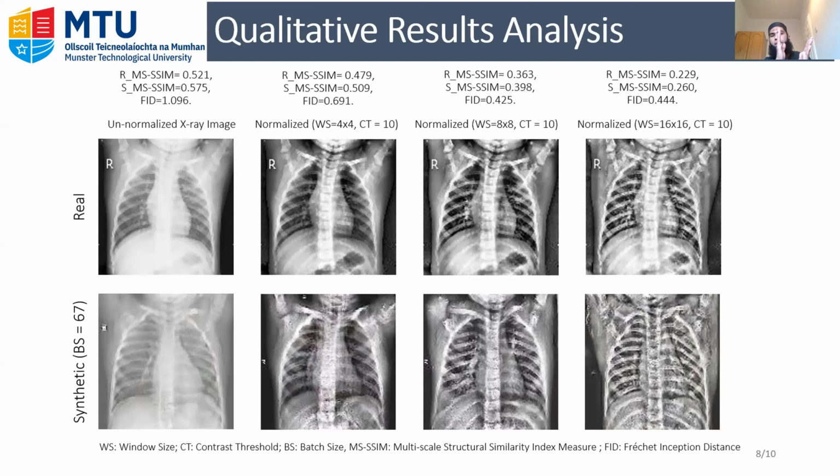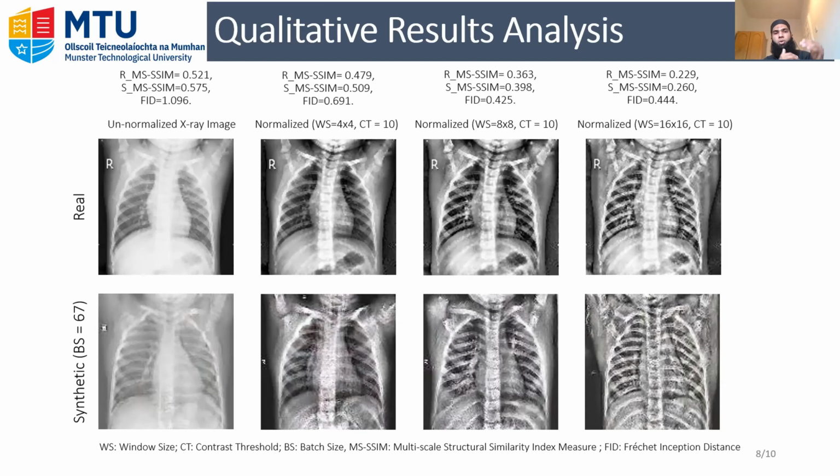And as we applied normalization on the images and performed DC-GAN for generating synthetic images, we got a lower FID score, and similarly we got an improved FID score using higher window sizes. But at the last window size, 16x16, we can see that our image information is going rough, and there is actually a loss of feature information.